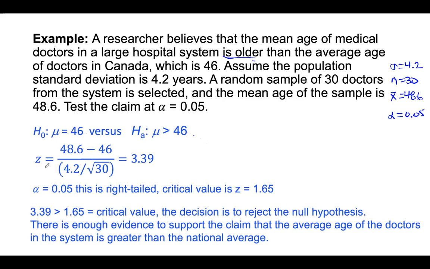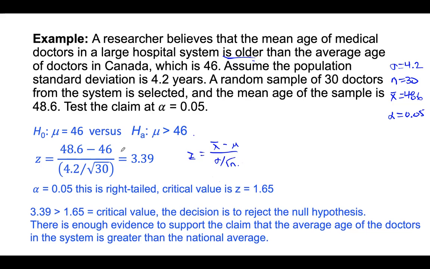So we test that Z. Remember, Z is equal to X bar minus mu divided by sigma divided by square root of N, from previously. We calculate that test statistic and we get 3.39.